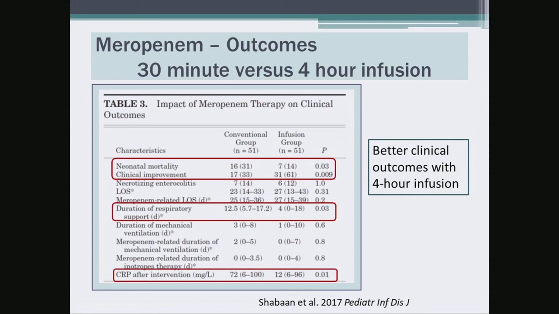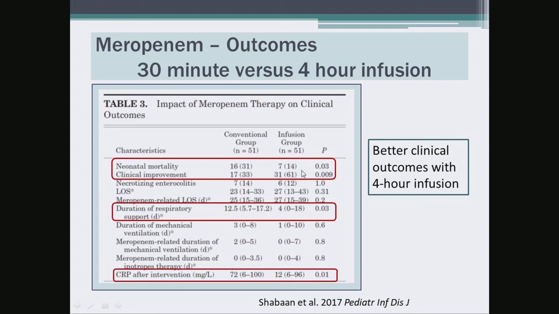The first clinical study that actually looked at outcomes rather than just pharmacokinetic data came out 2 years ago, and this actually showed better clinical outcomes with the 4-hour infusions. So here's the conventional group, which was infused over 30 minutes, versus the infusion group, which was over 4 hours.